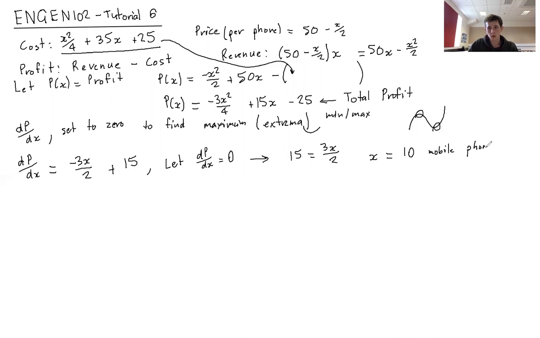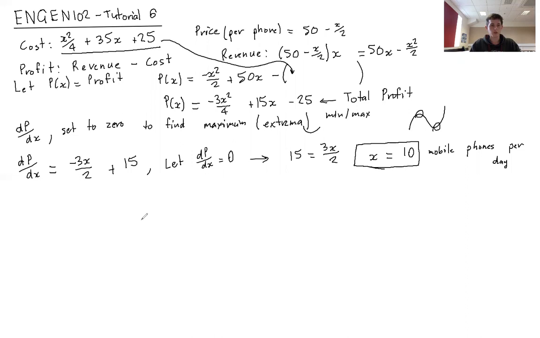Because this is a word question, we need to interpret it in the context of the question to be exactly right. So this is the number of phones they need to sell per day to maximize their profits, and that's what we think anyway.